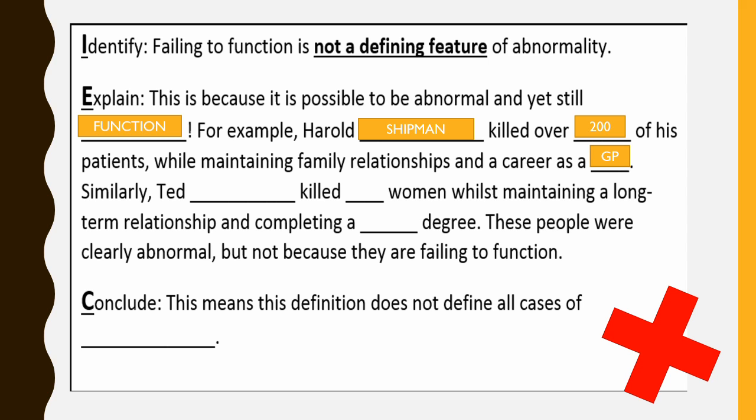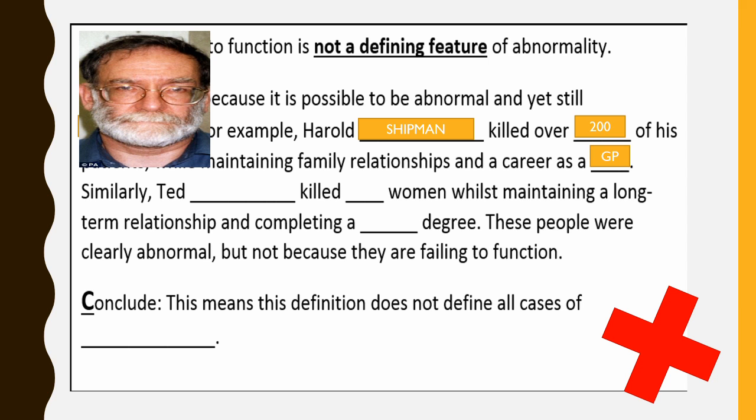He was a GP, actually registered in Pontefract, for those of you who did not know that, and over the span of several years killed 200 of his patients whilst at the same time being a community GP. Similarly, we've got Ted Bundy, who also killed 36 women whilst maintaining a long-term relationship, and she was none the wiser, and completing a law degree.